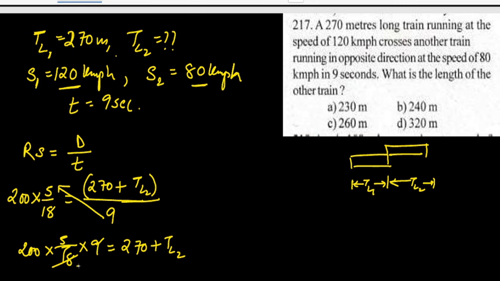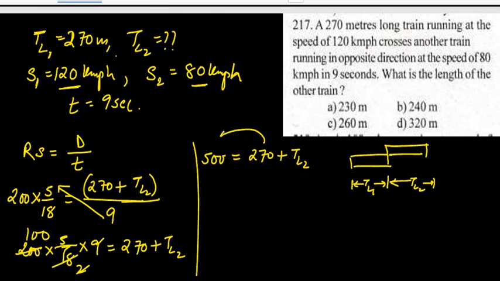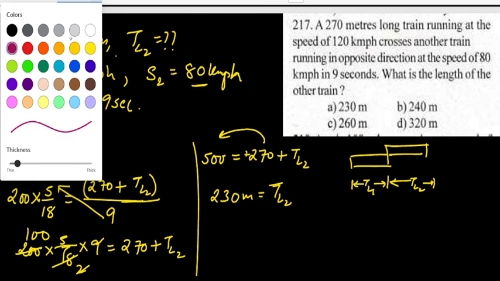If I cancel the 9, 2 18s are 18, 200 is 200, you would see that I'm getting 5 into 100 is 500, and this is equivalent to 270 plus train length 2. If you take 270 there, it gets subtracted. So 500 minus 270 would be 230 meters, my friend, which you can see is option A.